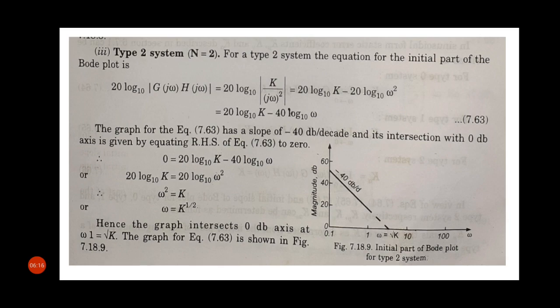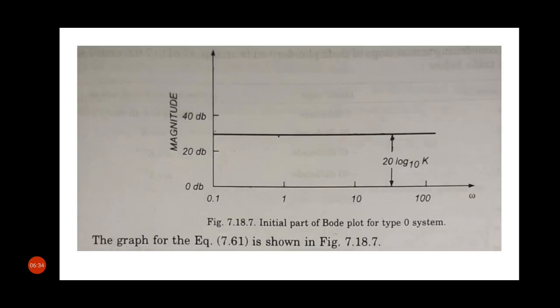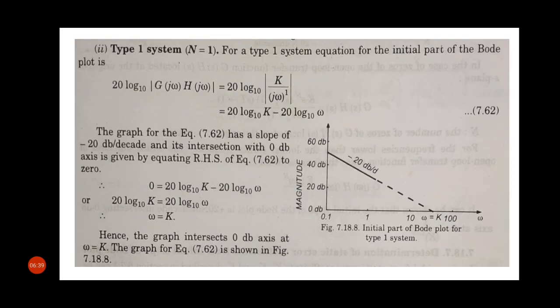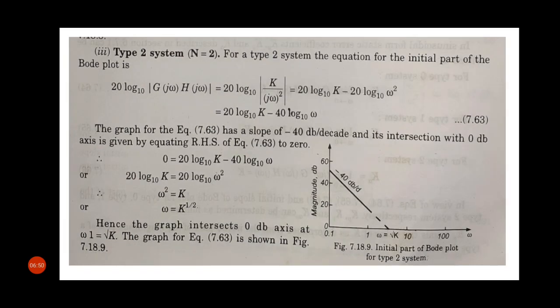So the graph intersects the 0 dB axis at omega equal to root under k. Okay, so the graph for equation 7.63 is this. Here see, for type 0 system the initial slope is this, for type 1 system the initial slope is minus 20 dB per decade, and for type 2 system the initial slope is minus 40 dB per decade.